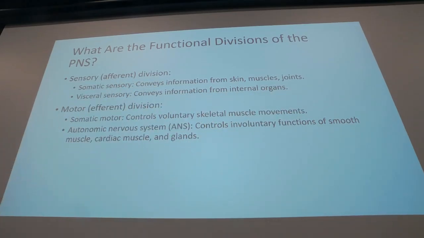Sensory, again, receives sensory information from touch, temperature, pain. And the sensory is subdivided into somatic and visceral. Somatic will be that sensory information coming from the skin, muscles, and joints.